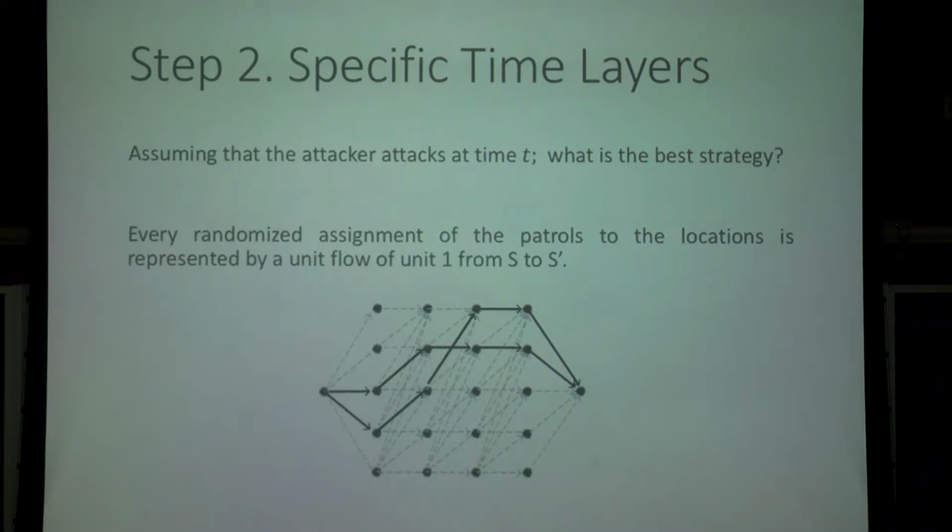Similarly, for a randomized assignment of patrol rows, called a mixed snapshot, it could be shown that a flow of unit 1 from S to S prime could basically describe a randomized assignment of these patrol rows to these locations.